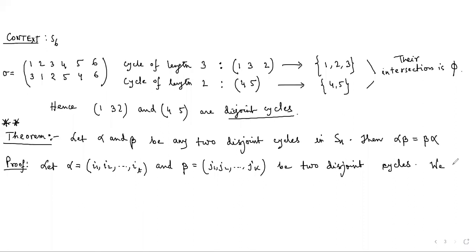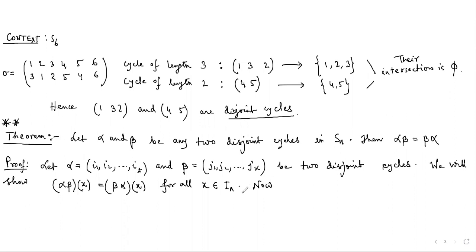We will show that alpha beta, their composition defined on the element X, will be the same as beta alpha defined on X. And this will be true for all X belonging to the set In containing n elements.